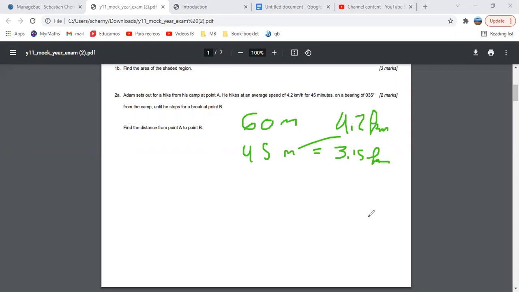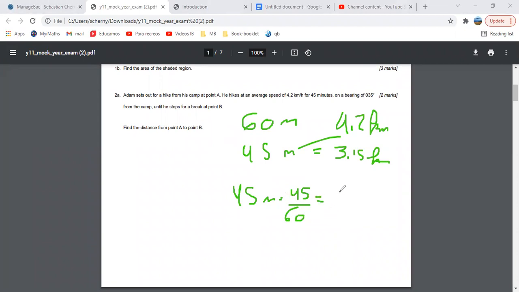Another way to find this out, which is exactly the same thing but thinking about it another way, is thinking what fraction of an hour 45 minutes represents. So 45 minutes represents 45 over 60 parts of an hour, because an hour has 60 minutes.